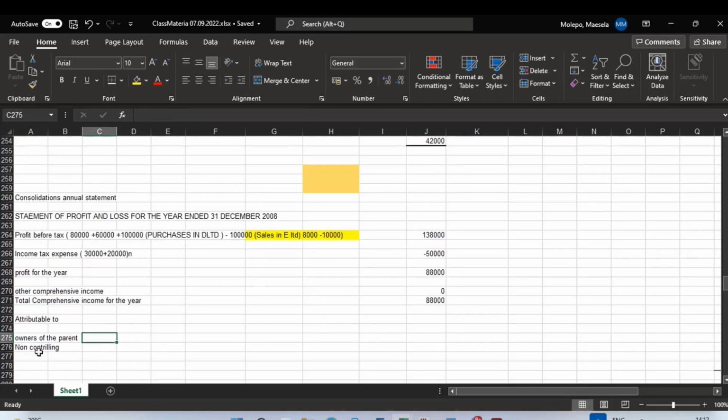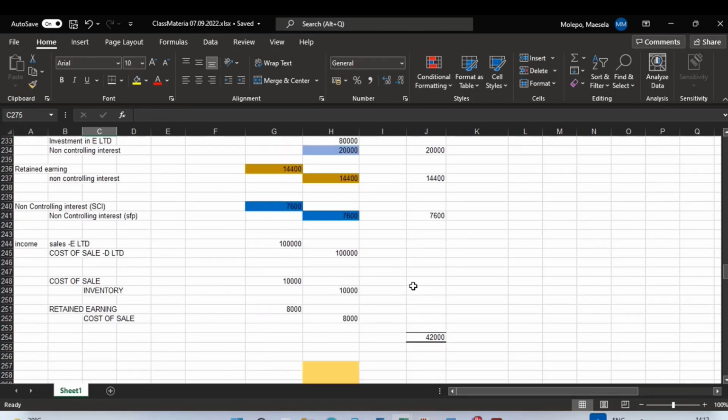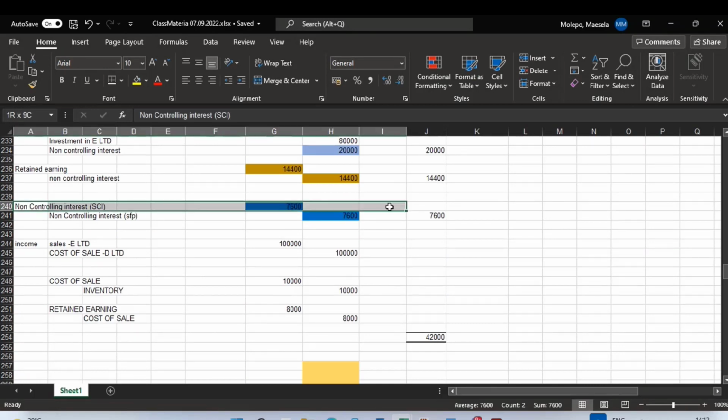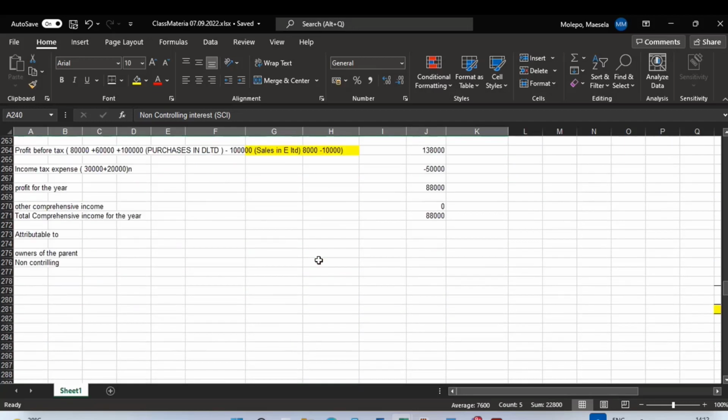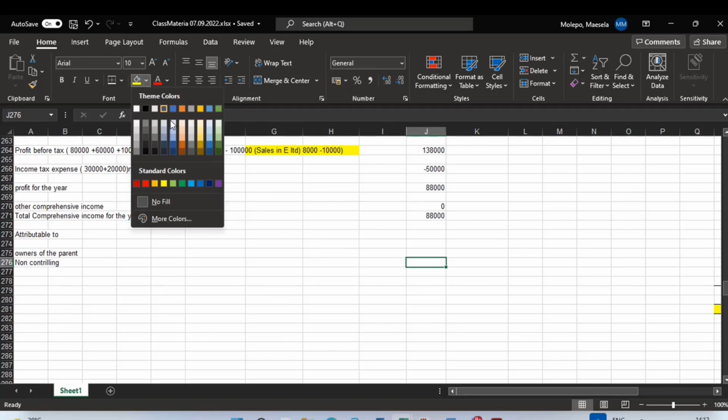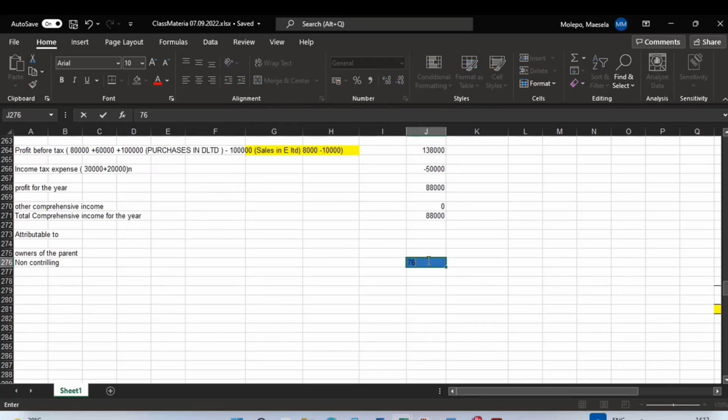Non-controlling gave you an amount of this, you see, which this 7.6 comes from here for the profit. For the profit for the year, only 7.6 will go to non-controlling. So the remaining balance between 88 and 7.6 is 80,400. When you add the two, they give you 88.